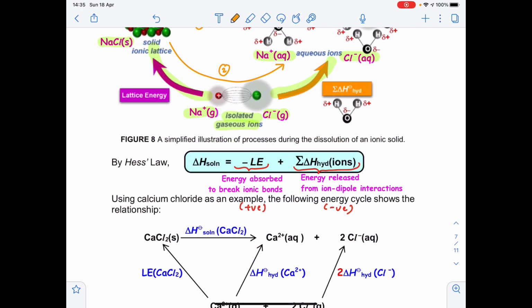So this is the equation to find enthalpy of solution of an ionic compound. Looking closely at this equation, minus lattice energy refers to energy absorbed to break the ionic bond. This is the positive term. Sum of the enthalpy of hydration of ions is the energy released from the ion-dipole interactions. This is the negative term.